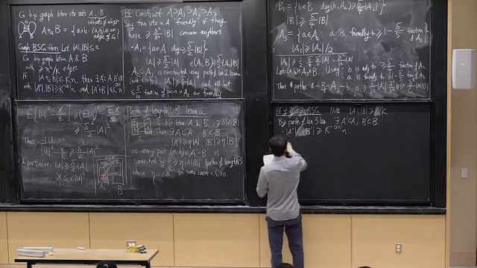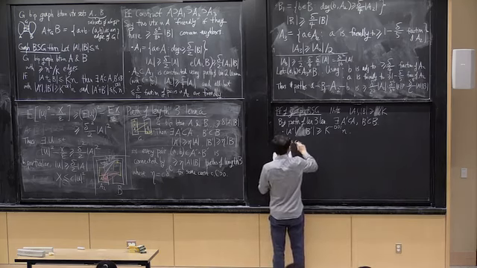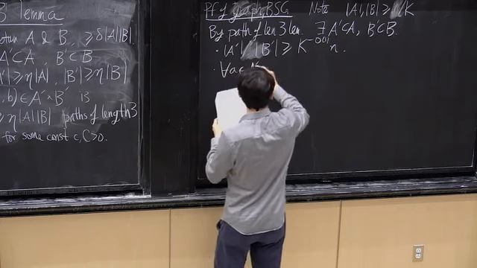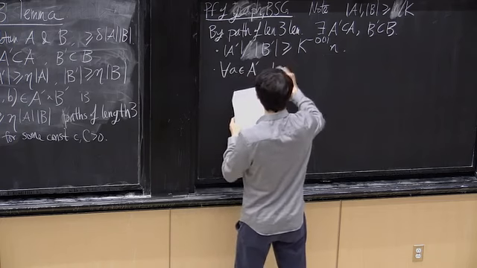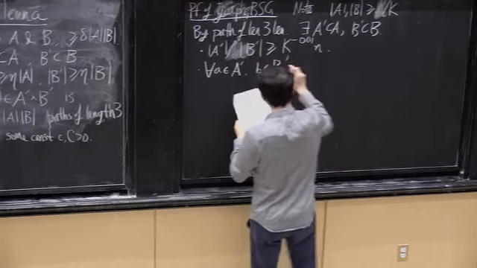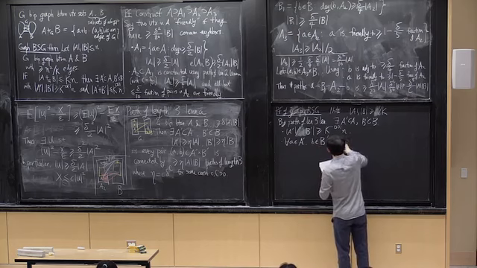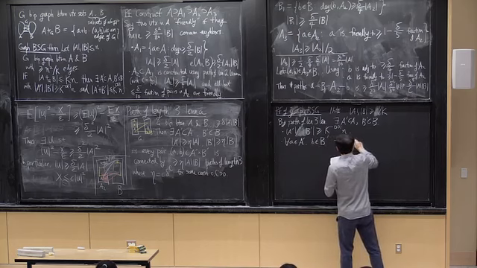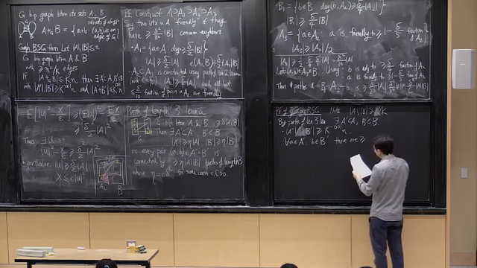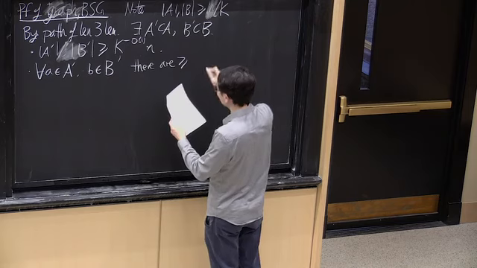And for all vertices a in A prime and vertex b in B prime, there are lots of paths of length 3 between these vertices.